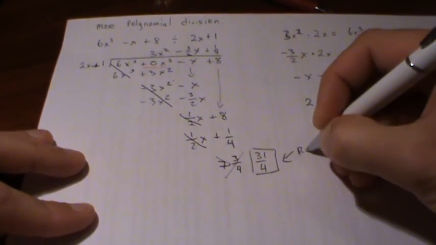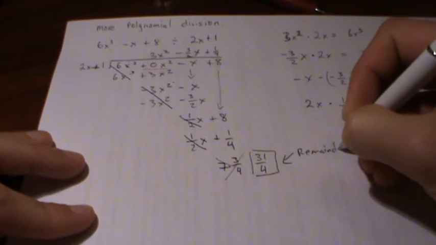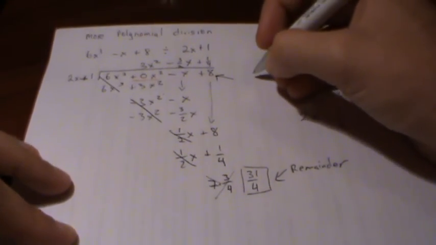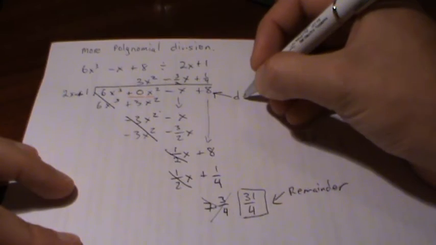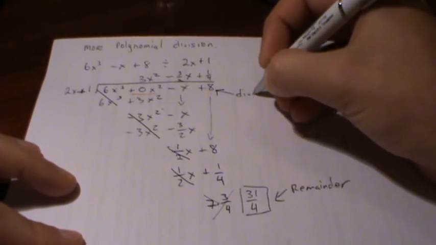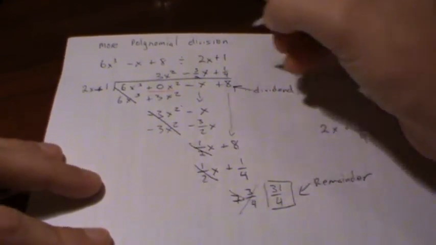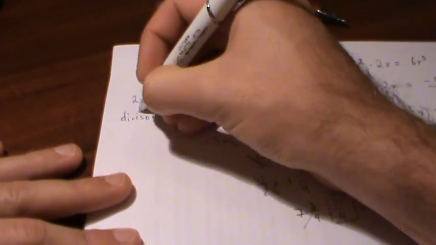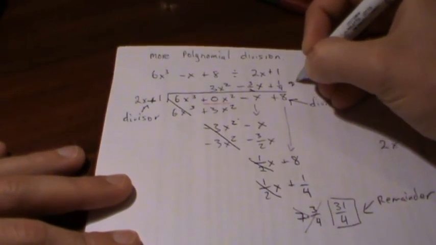This again is the remainder. This was the dividend, divisor, dividend, divisor, quotient.